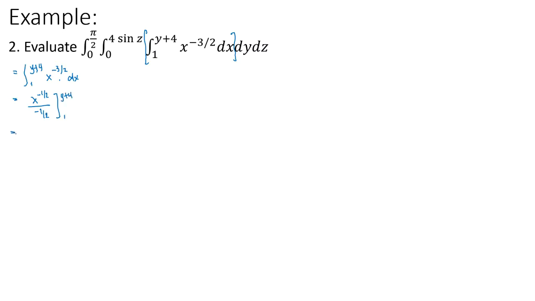So substituting the limits, this will become negative 2x raised to negative 1/2, from 1 to y plus 4. Substituting, negative 2 times y plus 4 raised to negative 1/2 subtracted by negative 2 times 1 raised to negative 1/2.